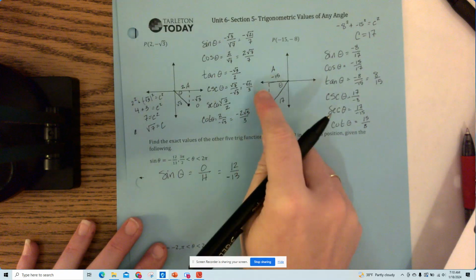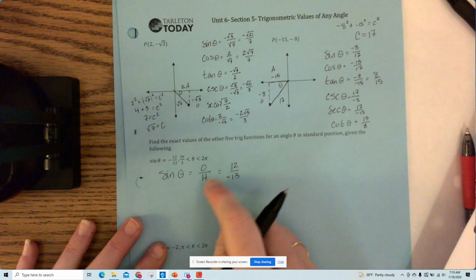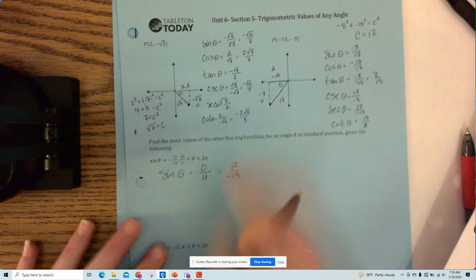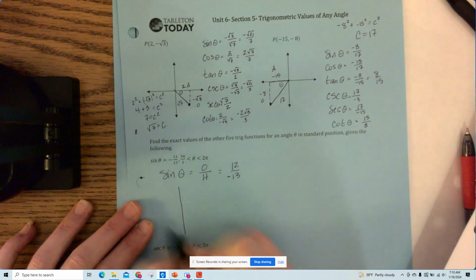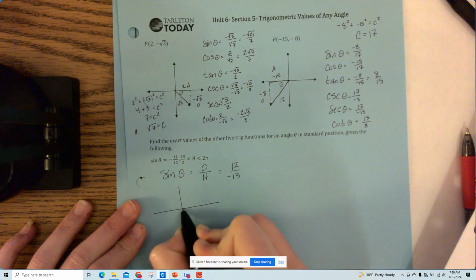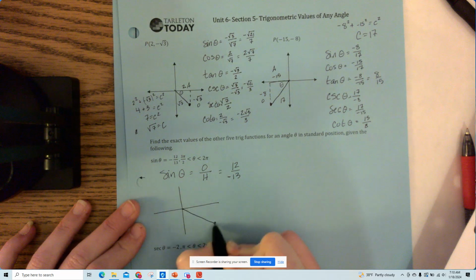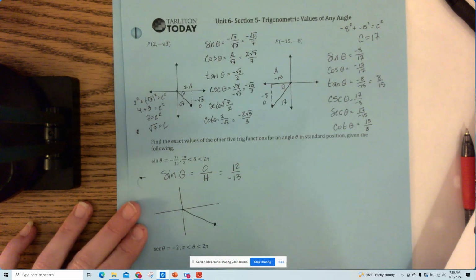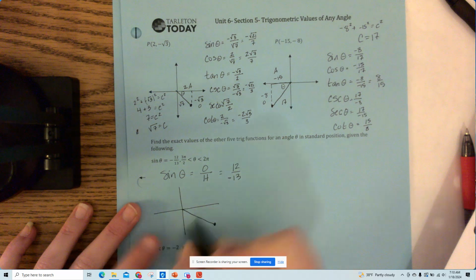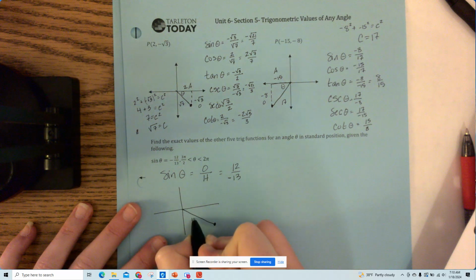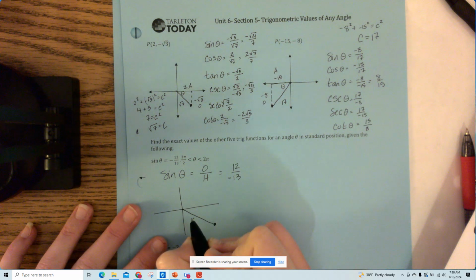Looking at our other triangles here. So again, hypotenuse we know is negative 13. So we can fill in the blanks here. So we know our angle is somewhere here. That does not make any sense whatsoever.